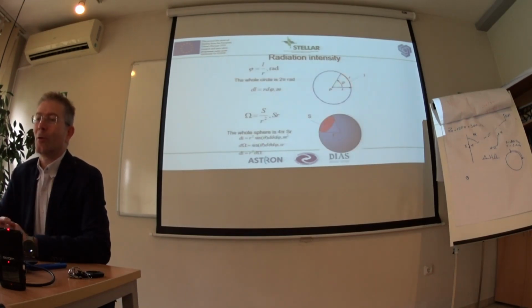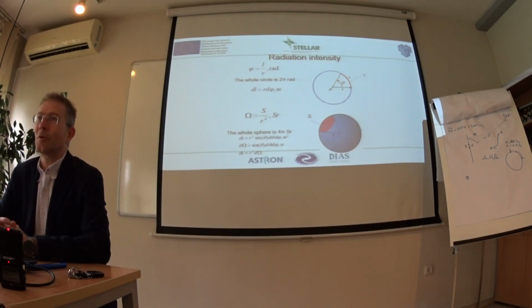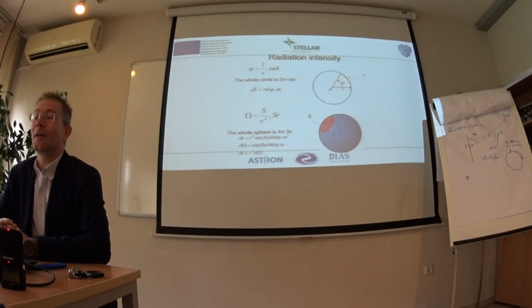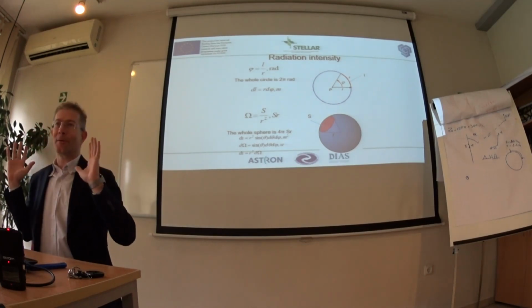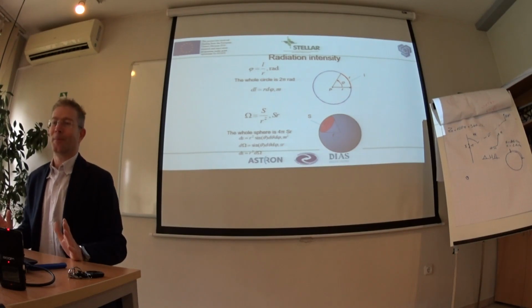And then let's go to the next concept, which is called radiation intensity. And the first thing that I love to ask my students, I ask this all the time, each year: what is a radian?